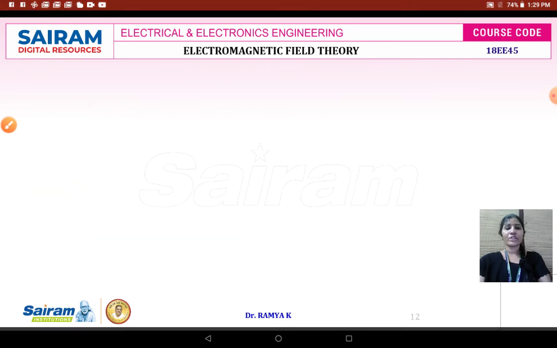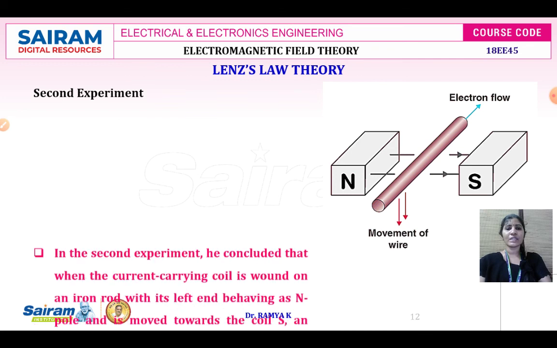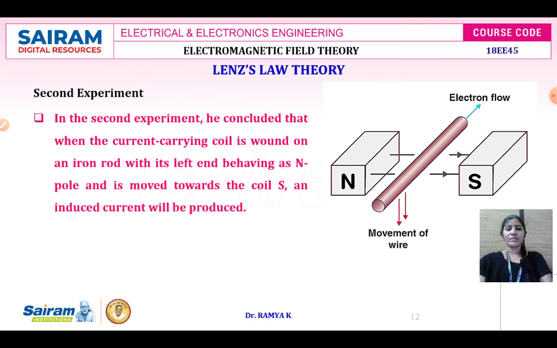Now coming back to your second experiment, with the same diagram you have to explain the second experiment. In the second experiment, the current carrying conductor is wound on the iron rod, whereas in the first experiment it is a normal conductor.